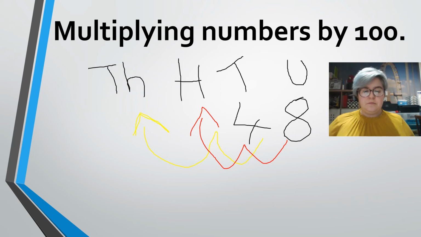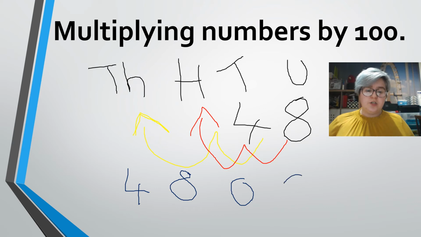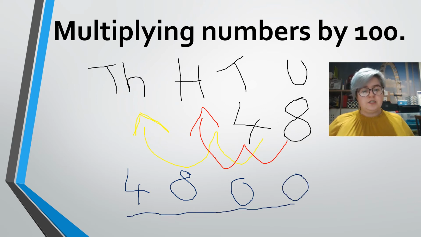We're timesing it by 10, timesing it by 10. Again, there's 0 tens and there's 0 units. So our new number, 48 times by 100, is now 4,800.